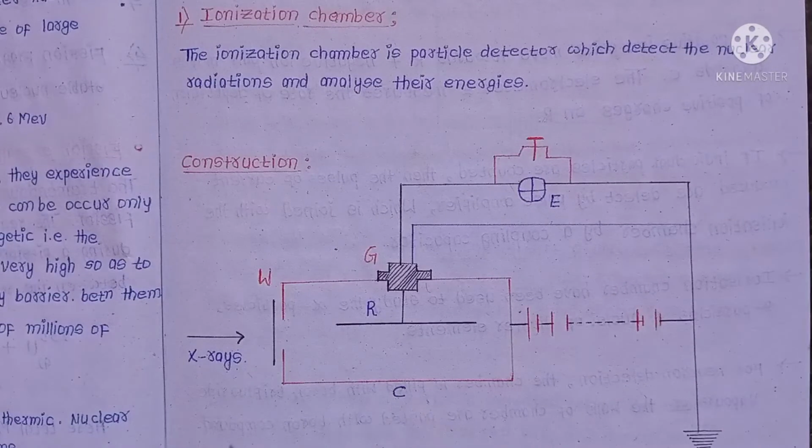Now let's discuss the construction of this ionization chamber. Basically the ionization chamber consists of a hollow metallic rod. This is the hollow metallic cylinder C, which forms the ionization chamber.